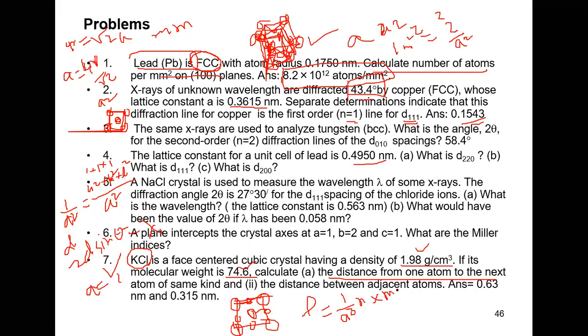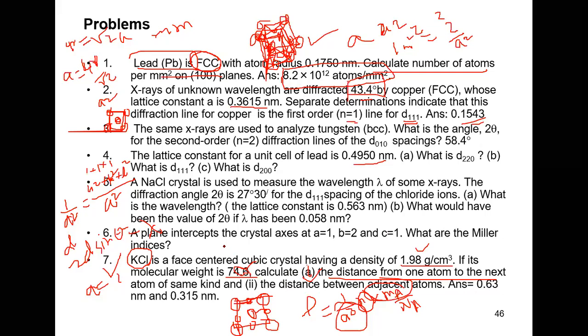Since potassium chloride is sodium chloride like, 4 molecules will be there, that means 4 potassium atoms and 4 chlorine atoms. Ma is the molecular weight, which is given, and Na is Avogadro's number. Rho is given here. From there you can calculate a. Once you know a, that's the answer to the first part, and the answer to the second part is half of a.